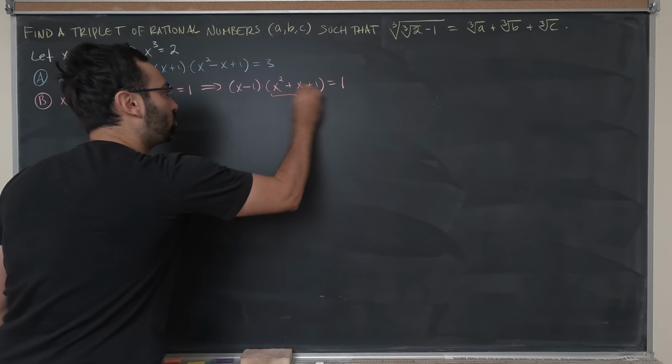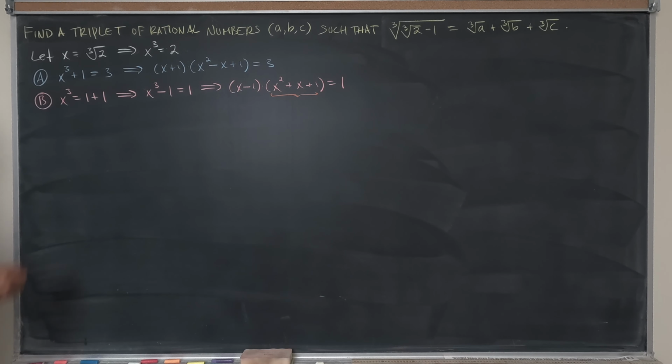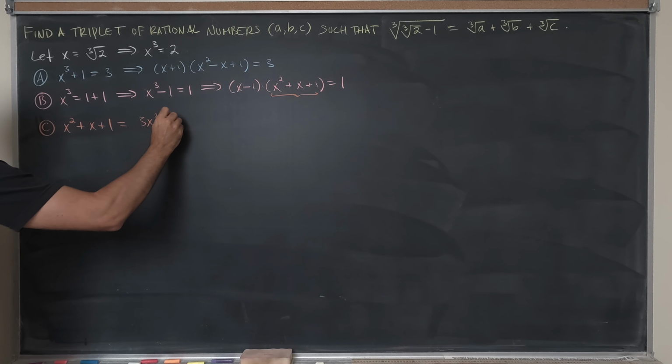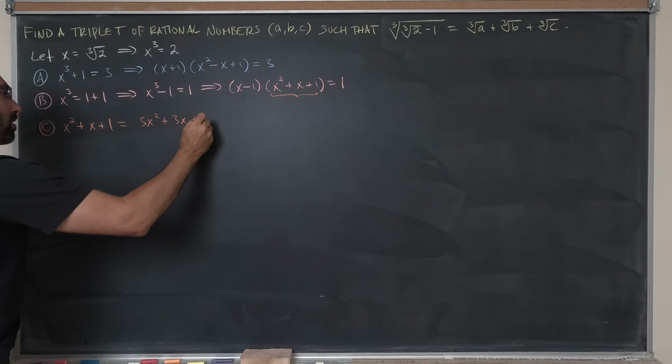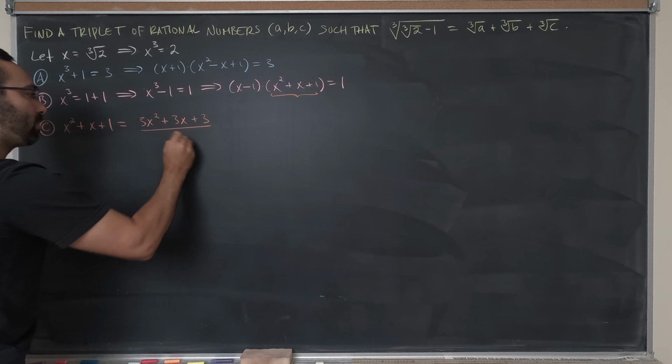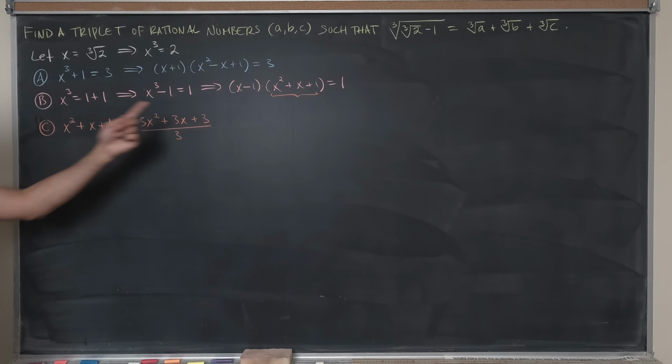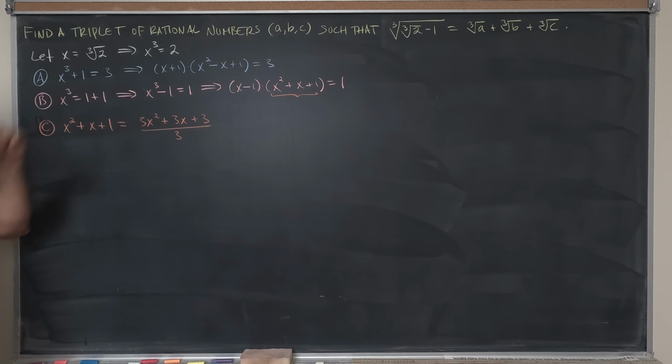But next, what we can do is take this quantity right here and rewrite it as such. We'll multiply everything by 3 and then divide by 3. But from before, we know that 3 is just x cubed plus 1.